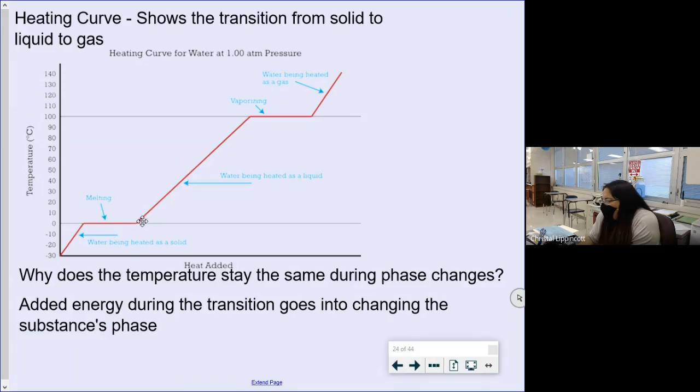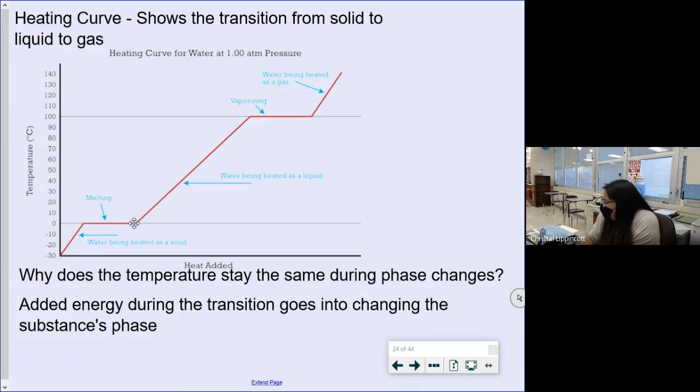When you are transitioning between that solid and the liquid phase, during that transition, what is happening to the temperature? During the transition from a solid to a liquid, what happens to your temperature? It stays the same.